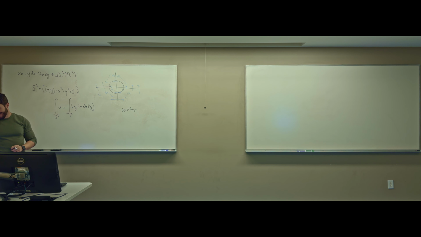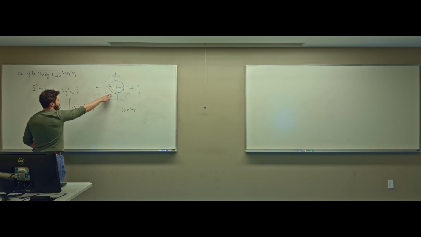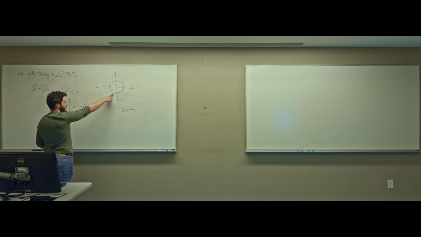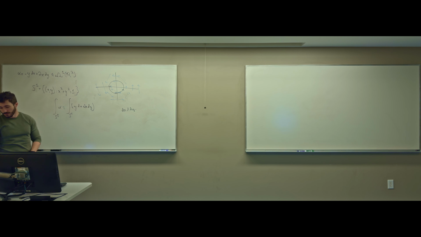Okay. So to take this differential one form defined on R2 and leverage that to integrate on some submanifold of R2, I need to define what's called a pullback. Pull back that differential form by some function.